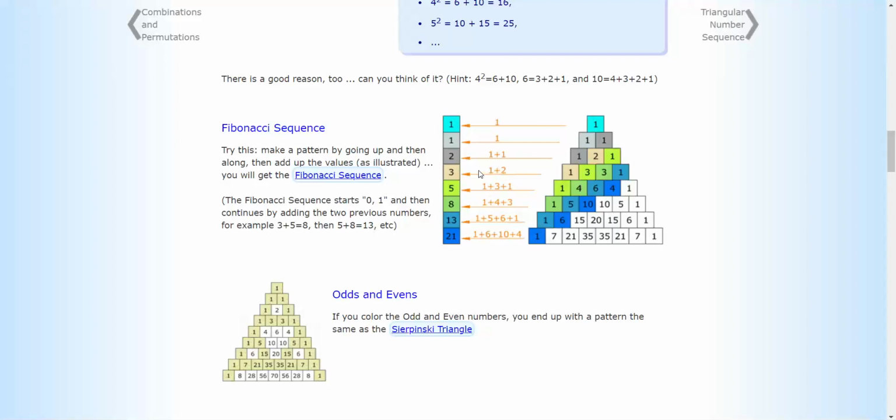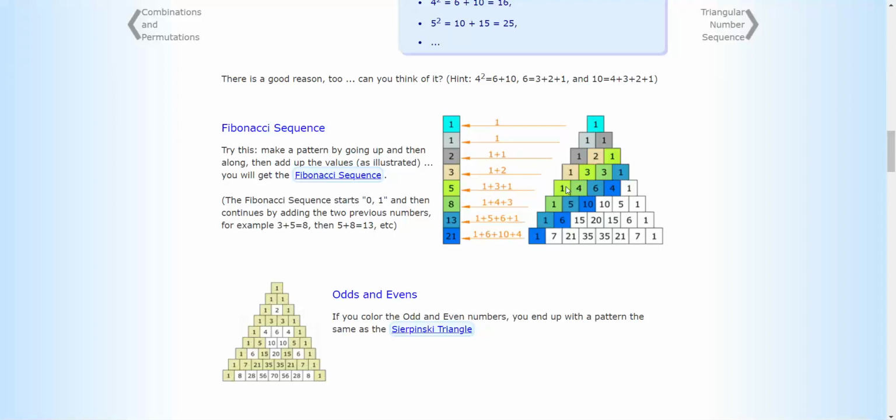It goes up and then along. So 1 is actually 1 plus 1. And then the next one is 1 plus the one at the top along. The next one plus 2.